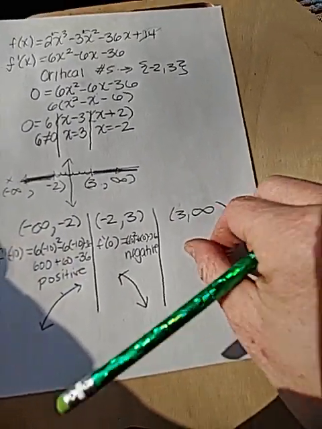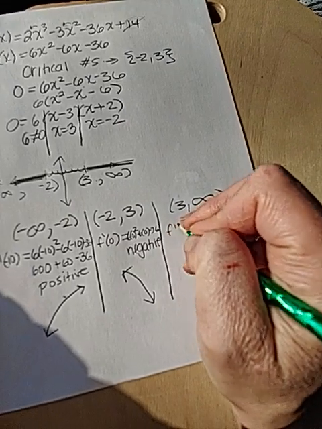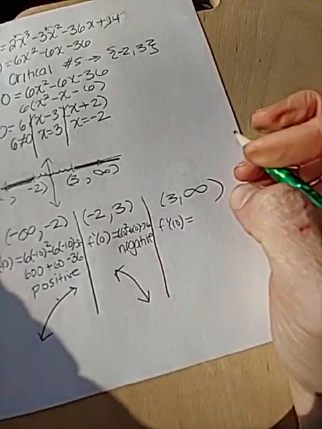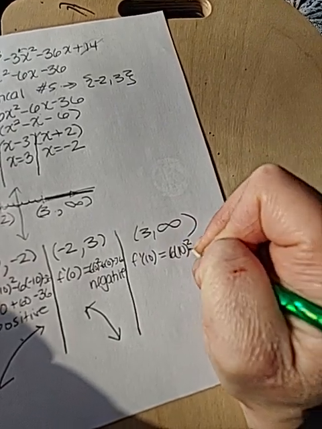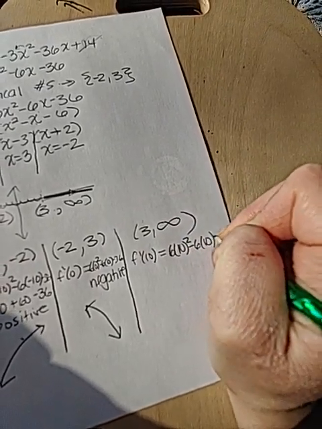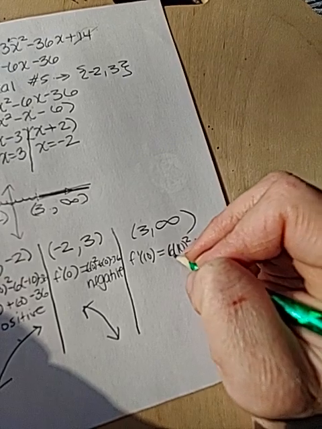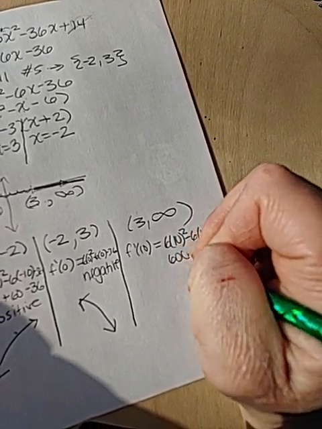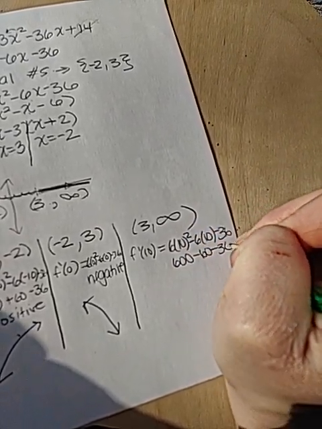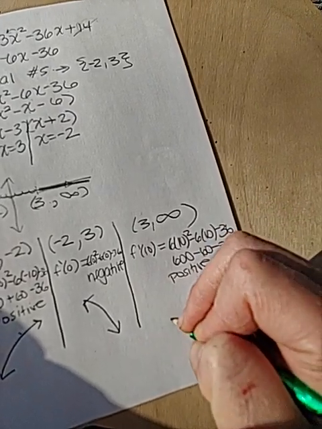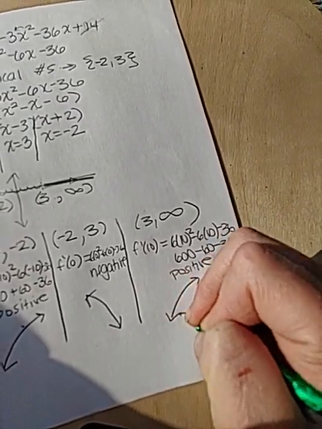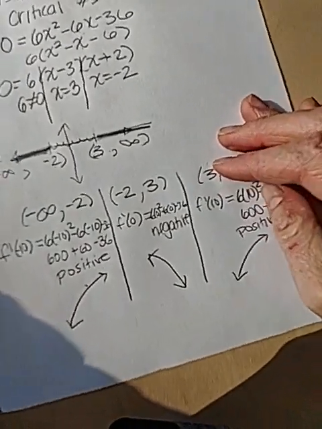All right, and then I'm also going to evaluate positive 10. Again, because I'm not using a calculator, it's a pretty easy number to multiply. I have 600 minus 60 minus 36. Again, I know this is a positive number. So because it's positive, the function is going to be increasing because the slope is positive.